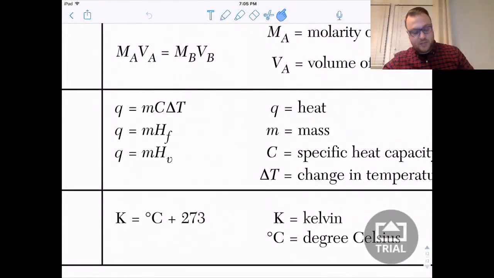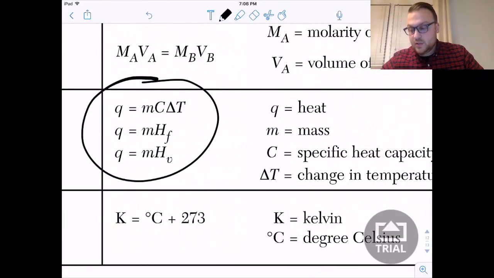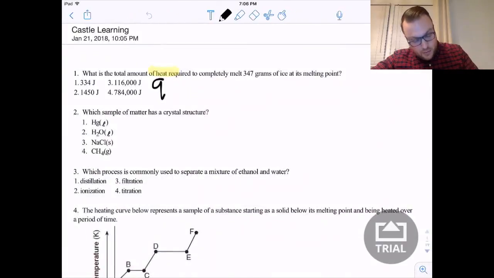Q is heat. So there's a good bet we're going to be using one of these equations. We just have to read the rest of the problem and figure out what equation we'll end up using.